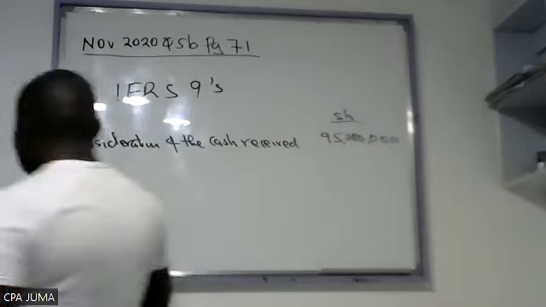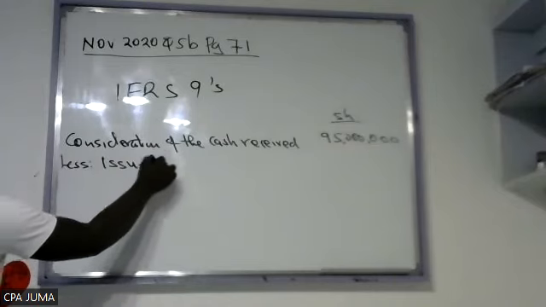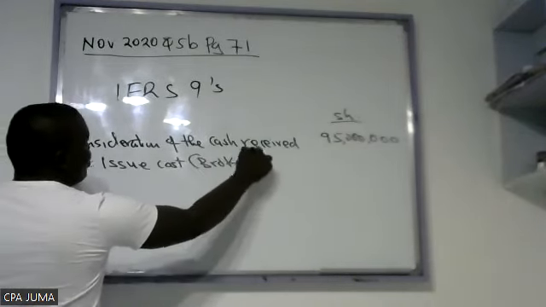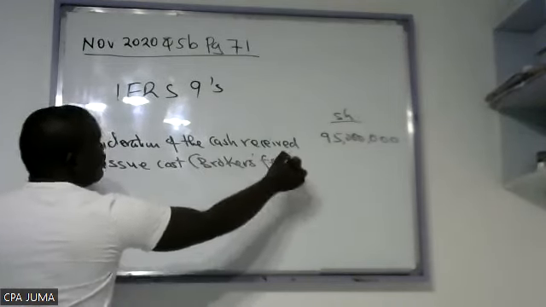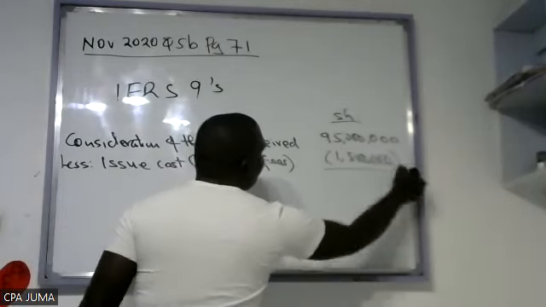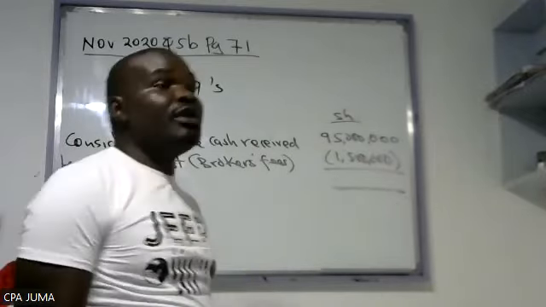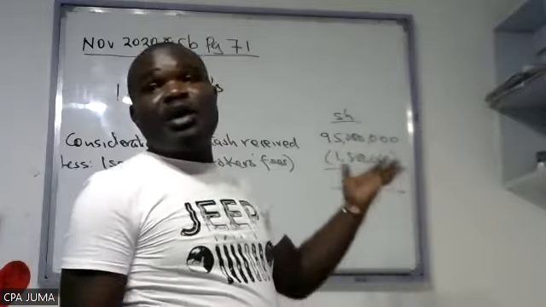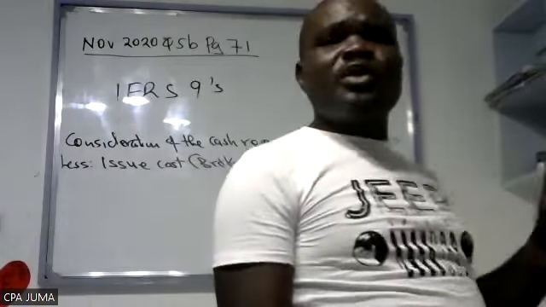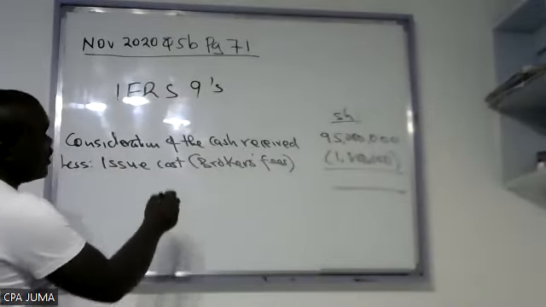So you less issue cost, the brokers' fees, 1.8 million. Therefore, the bond value, which the investor will be interested in. The investor doesn't need to know about the brokers, so that is none of their business.